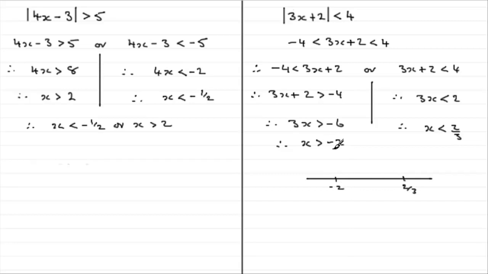We've got to be greater than minus 2 but less than 2/3, somewhere in between here. So to illustrate that, we can just say that x has got to be between the minus 2 and 2/3. X is greater than minus 2 but less than 2/3.